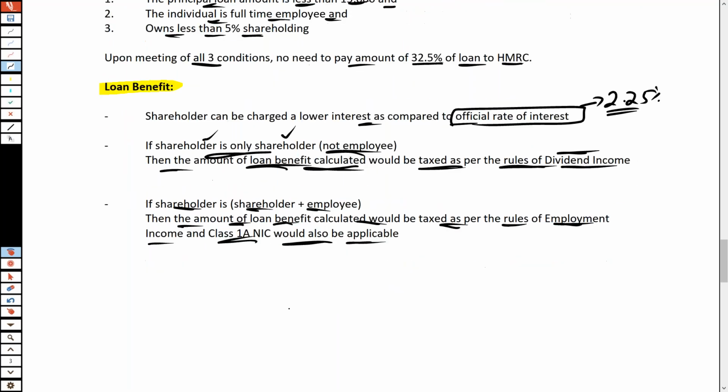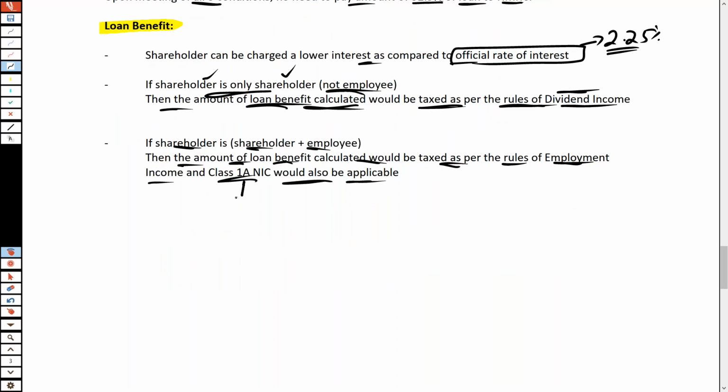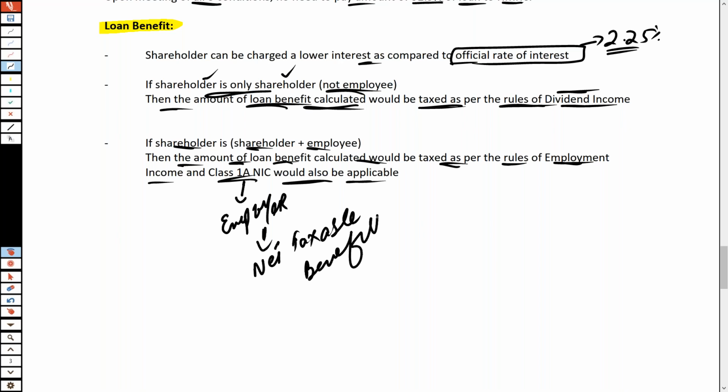And by the way, for recalling purposes, class 1A NIC is paid by the employer on the amount of net taxable benefits.